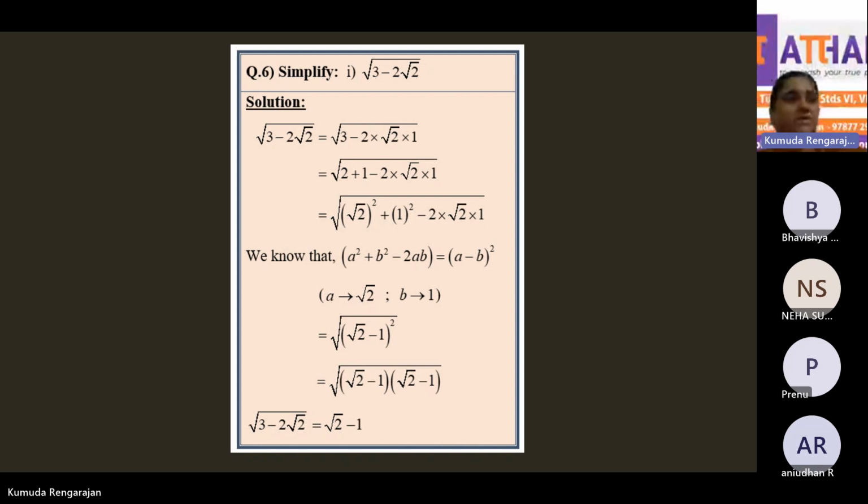All of you will get the same thing. 625 cannot be written in base 2 because it's not divisible by 2 or by 3. It's divisible only by 5. So 5, 125 times, 5, 25 times, 5 5s are 25, 5 1s are 5. So 5 to the power 4.